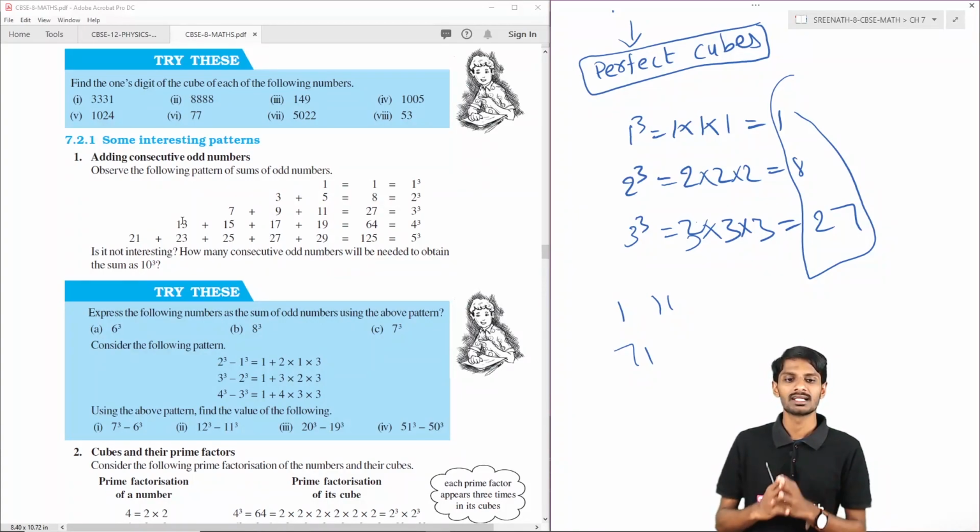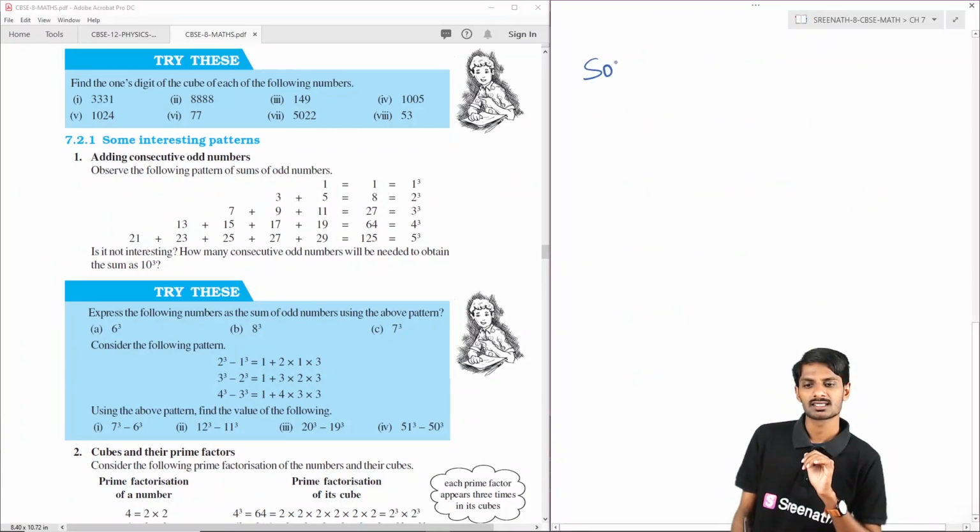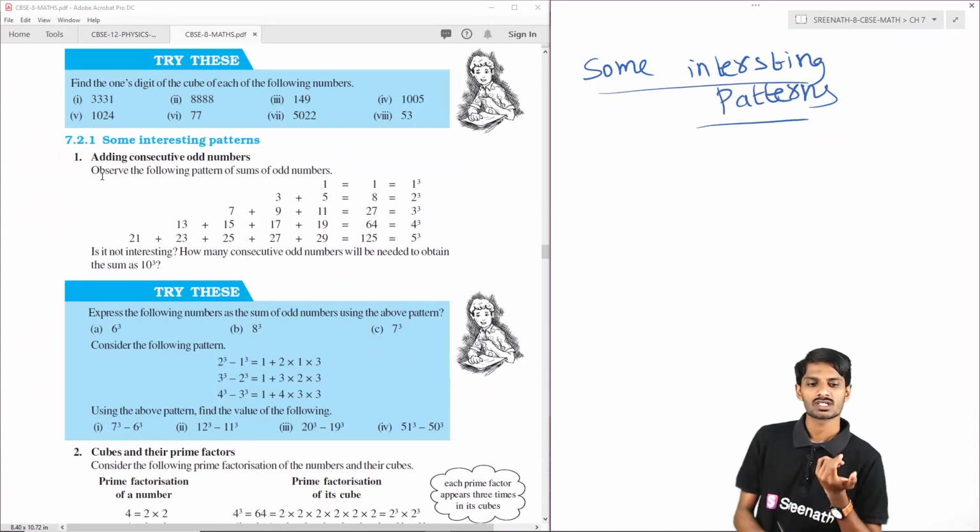Here there are some interesting patterns, students. So what are those interesting patterns? First thing is adding consecutive odd numbers. So we have the odd numbers. 1 is an odd number, it gives 1 only.